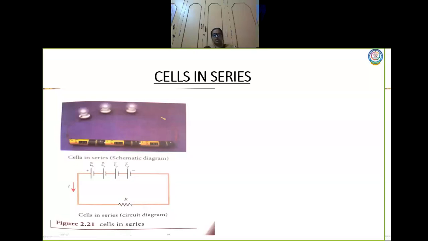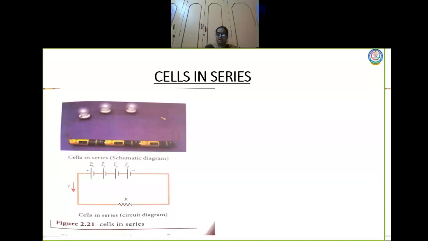Right. Now here we have 4 cells connected, but you can extend up to n number of cells. So let us assume that there are n cells connected serially like this, and we derive an equation for this.